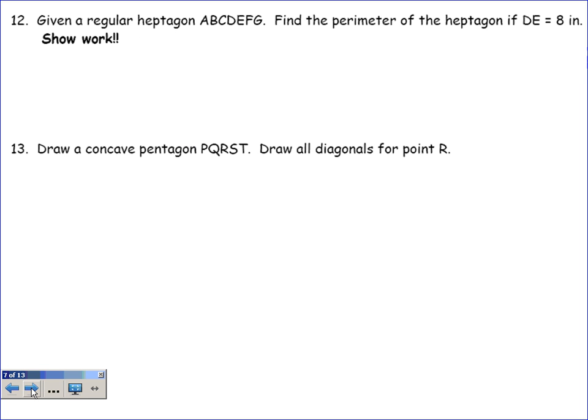Given a regular heptagon ABCDEFG, find the perimeter of the heptagon if DE was 8 inches. Do I have to draw it? If you really want to, you can. It's really tough to draw, to be honest. 1, 2, 3, 4, 5, 6, 7.